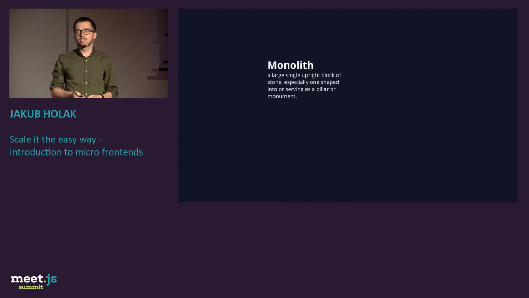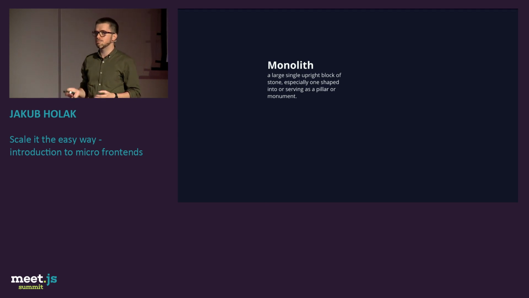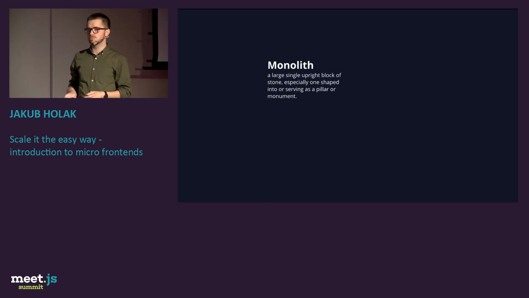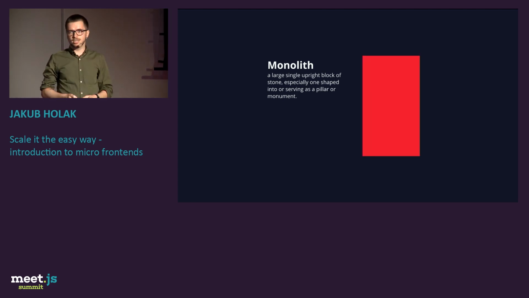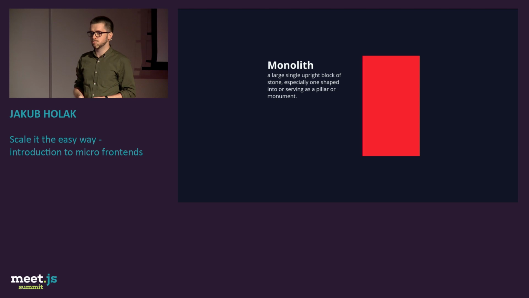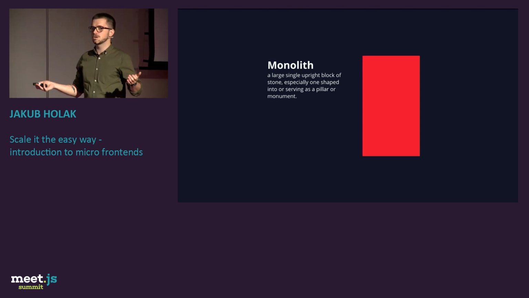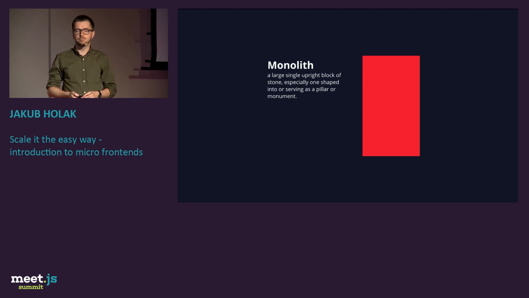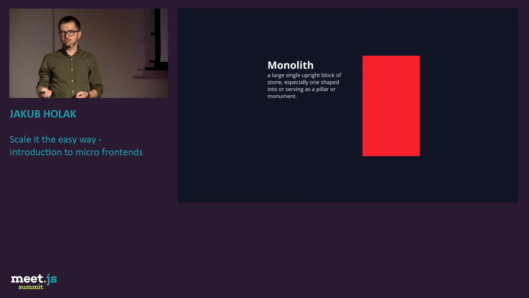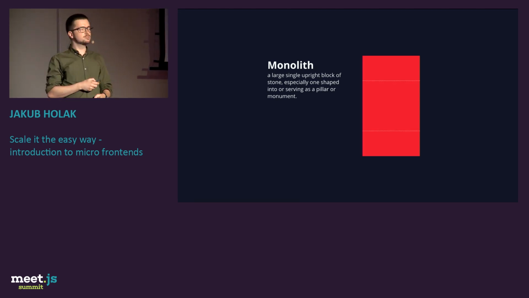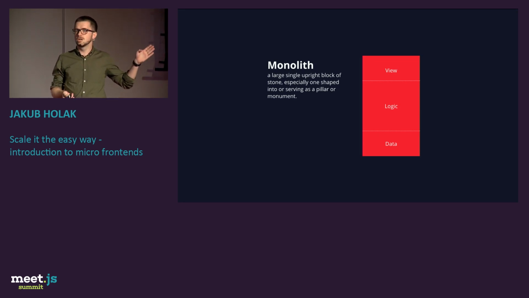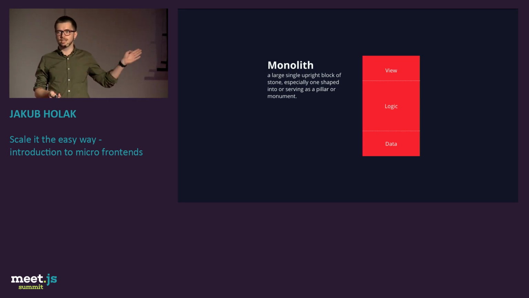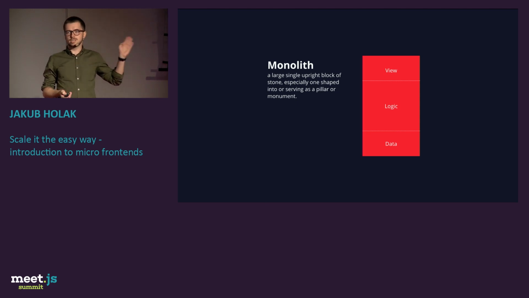And our colleagues on the backend side faced this problem some time ago. They realized that their code is often just like a piece of rock, one big solid stone that is hard to maintain. Of course, they had separation of concerns. In big code bases, they had a view layer, a logic layer, and a data layer, but still they were tightly coupled.